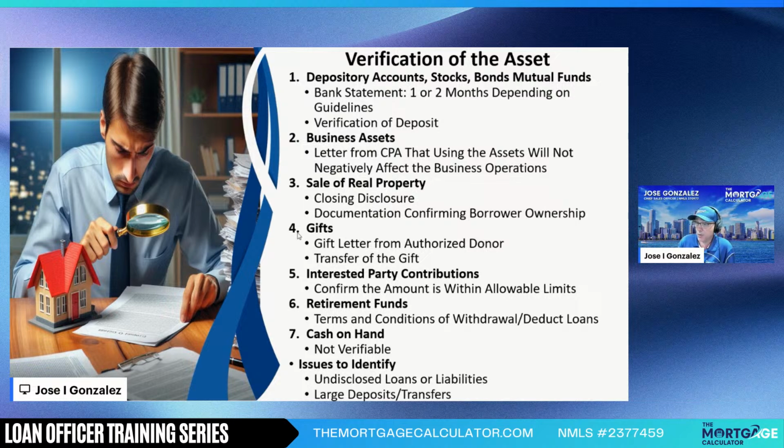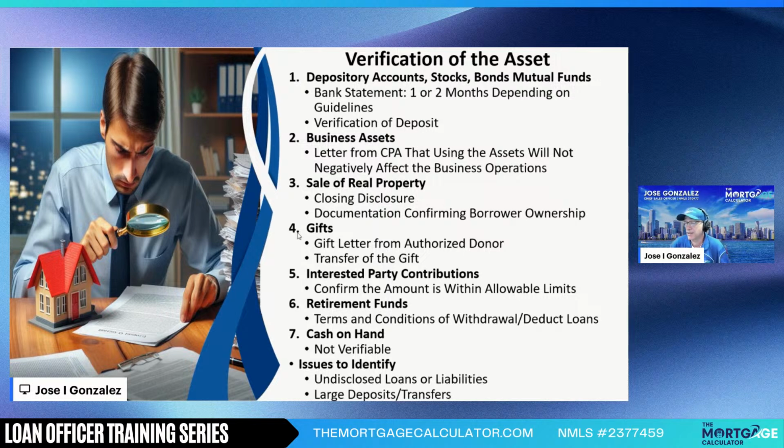Non-QM, again, you're talking about individual guidelines for each option. The guidelines are going to tell you whether you have to verify 1 month or 2 months, or in some cases, like I mentioned, they're not asking you to verify any type of seasoning or sourcing.